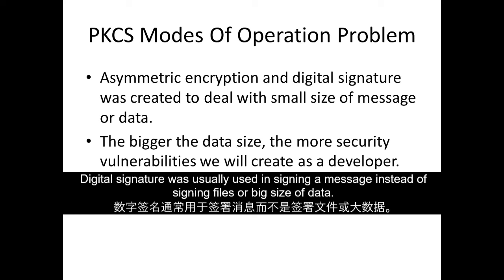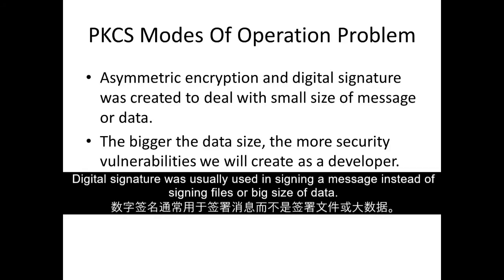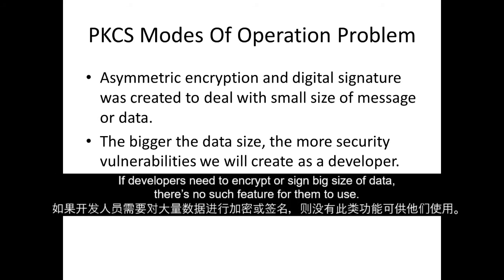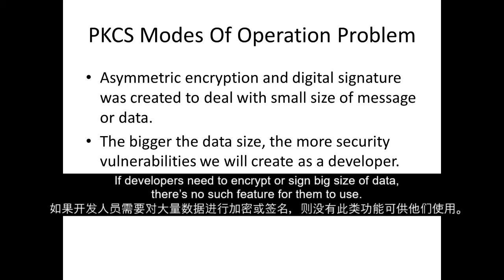Digital signature was usually used in signing a message instead of files or big size of data. If developers need to encrypt or sign big size of data, there is no such feature for them to use.